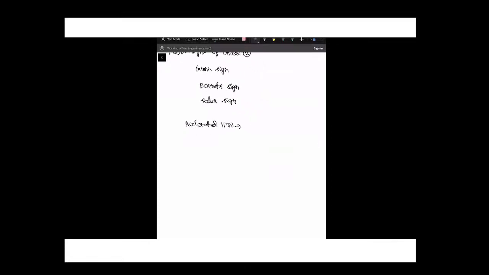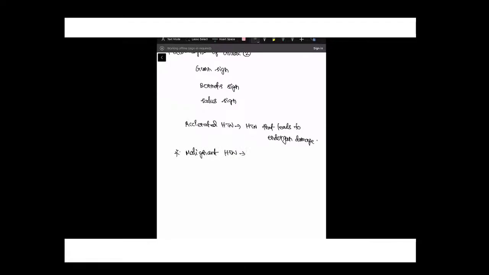What is accelerated hypertension? Hypertension that leads to end organ damage. What is the term? This is a medicine question.